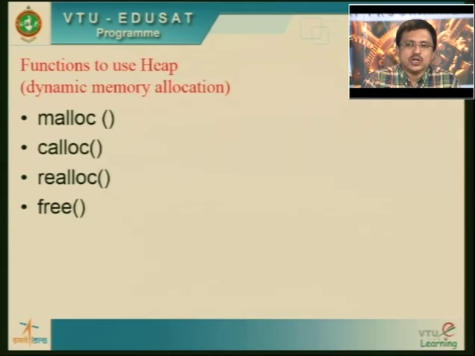We will discuss malloc to a great extent because malloc is the most general of the first 3 functions. Calloc and realloc primarily come after malloc, and free is also important. We will see the importance of free very soon. We will discuss more on the first and the last functions, but we will also see what the other 2 functions do.